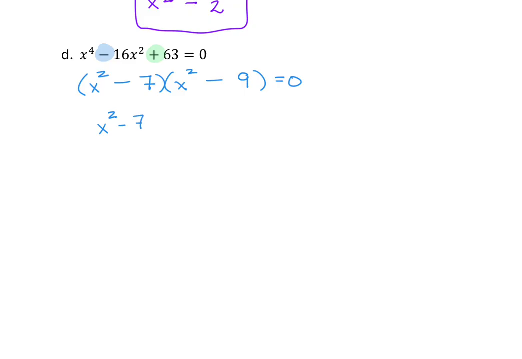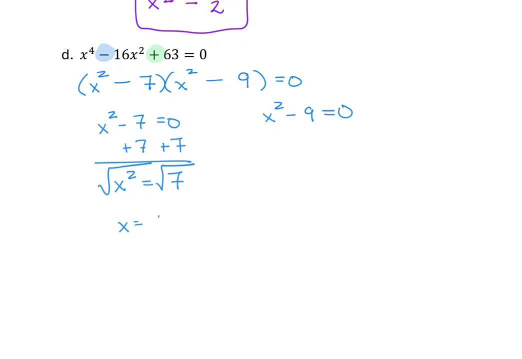If we set each one of these factors equal to 0, in the first one, we can add 7 to both sides. We can take the square root, and we get x equals plus or minus the square root of 7.